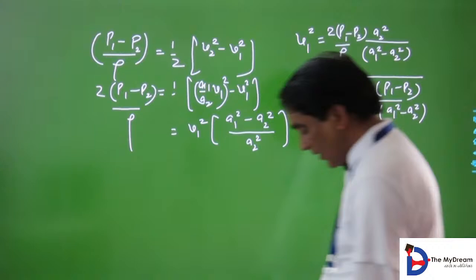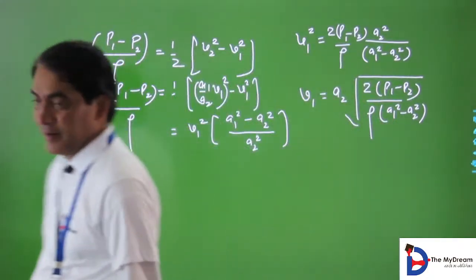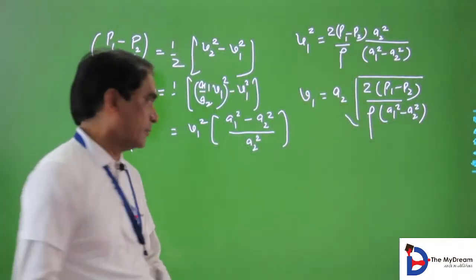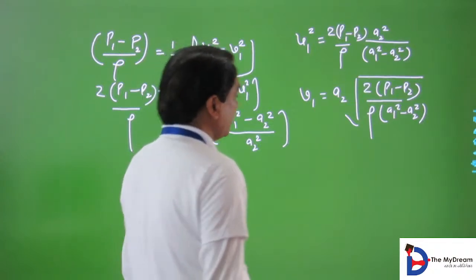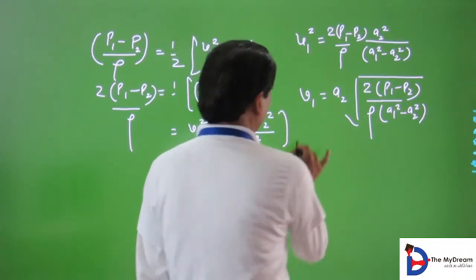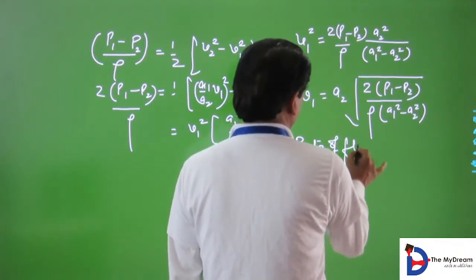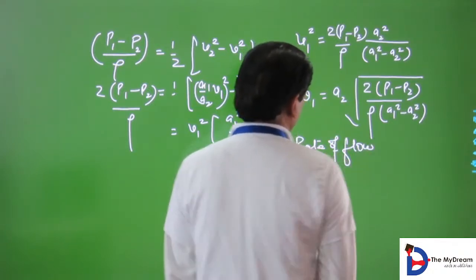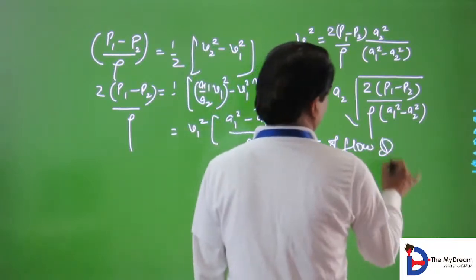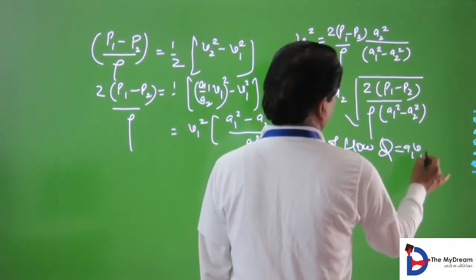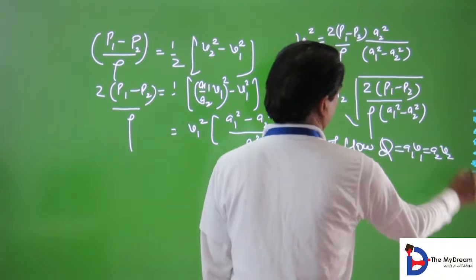This is the velocity at section A, which is broader. And you want to know the rate of flow, that is Q equals A1 V1, that is A2 V2.